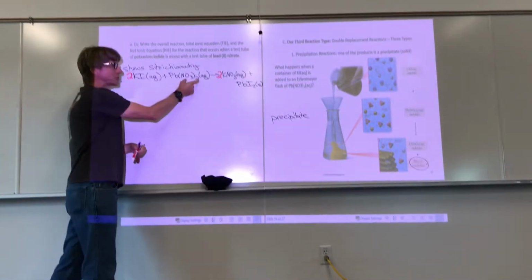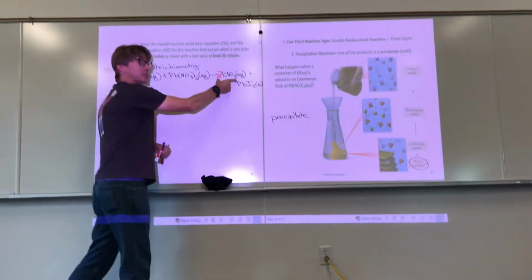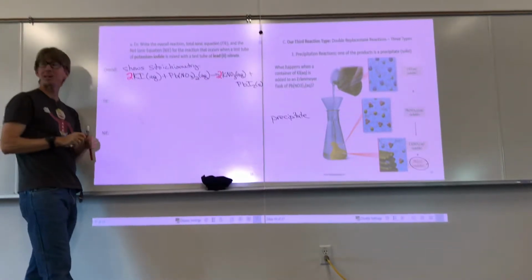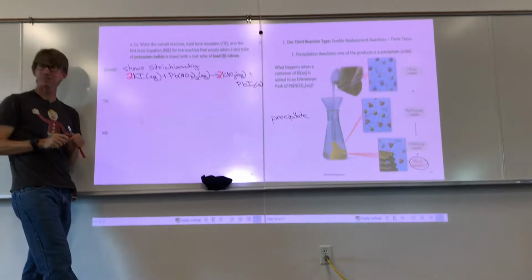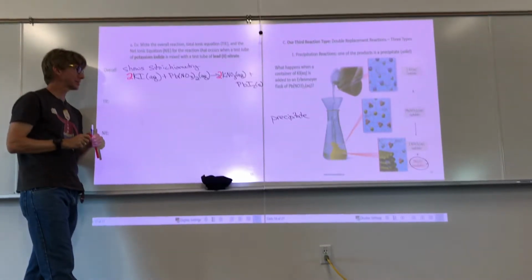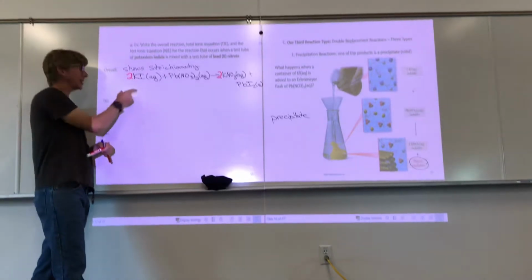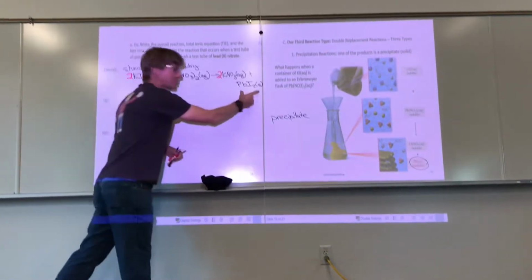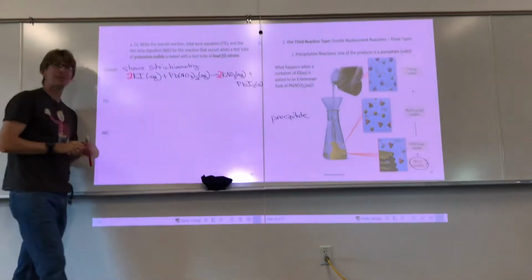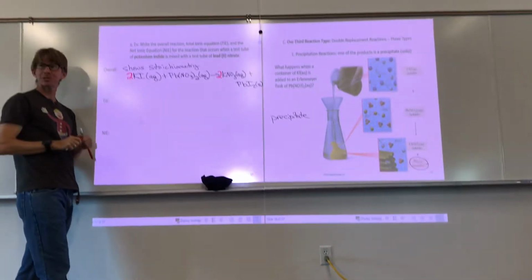I have 2 nitrates, so I better have 2 nitrates on the other side. That's how I balance double replacement reactions. Anyway, lots of ways to balance. Shows stoichiometry just means that now I know 2 moles of this react to produce 1 mole of that. That's what I mean by stoichiometry.